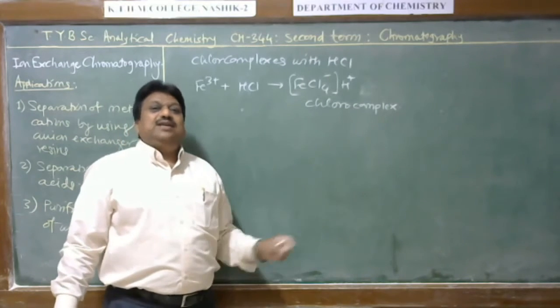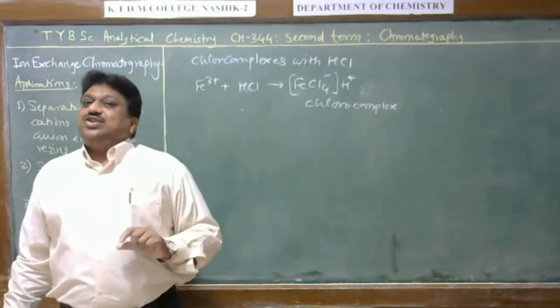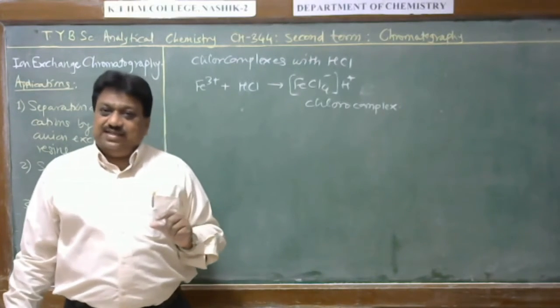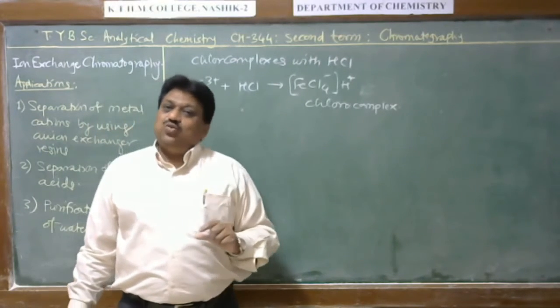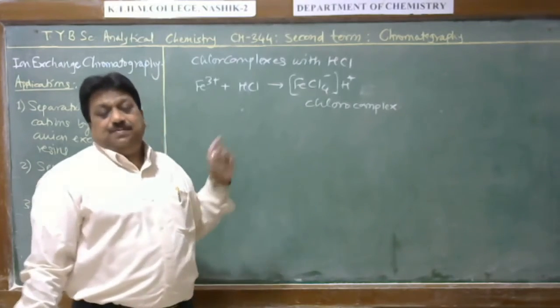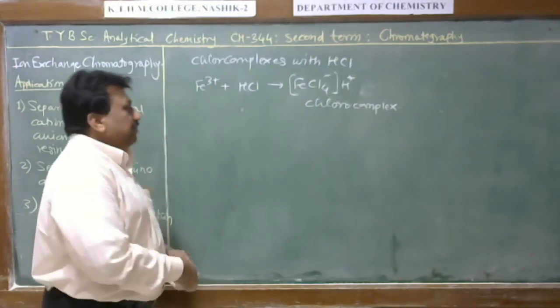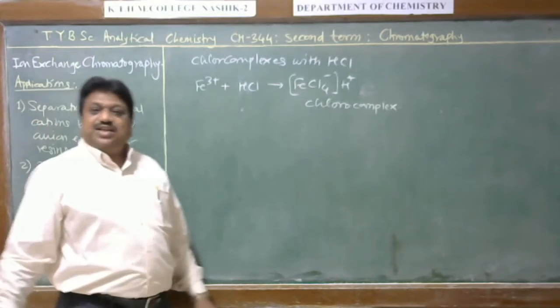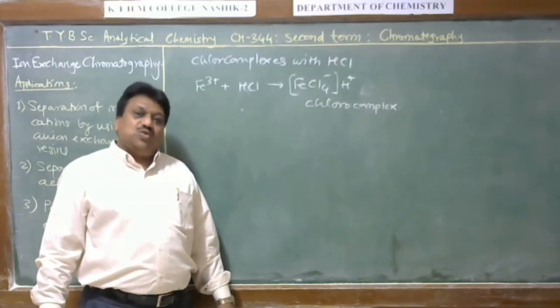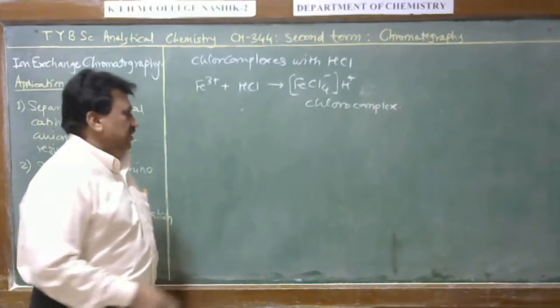And therefore, by changing the concentration of the H+ ion or hydrochloric acid, we can carry out the elution process of this separated ion. Now many metals, including transition and inner transition metals, form chloro complexes with hydrochloric acid.